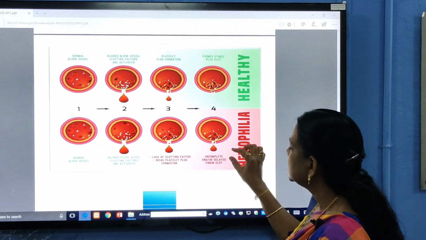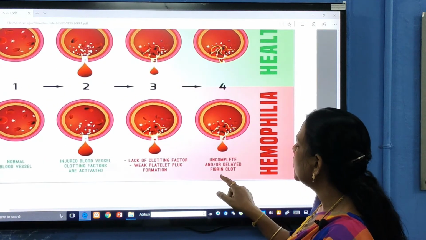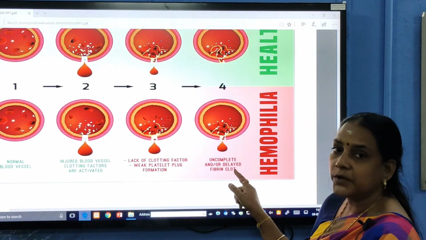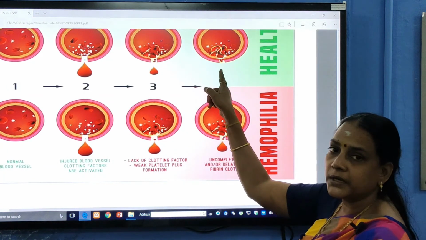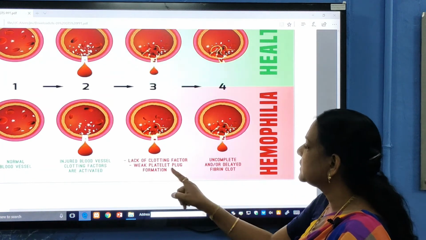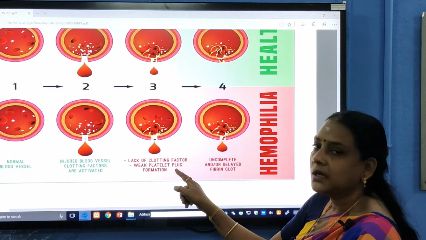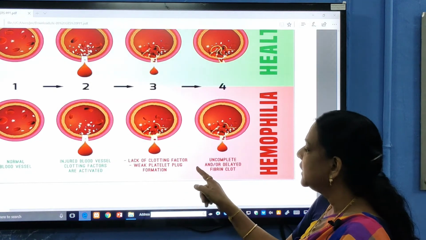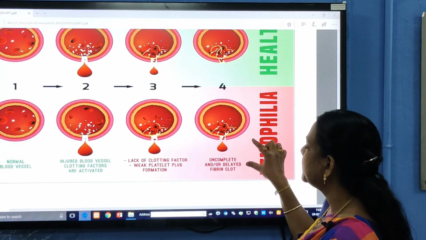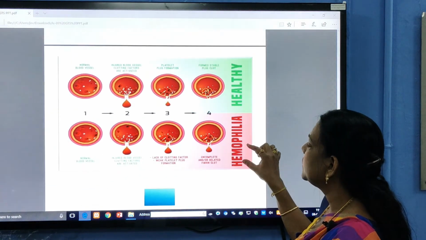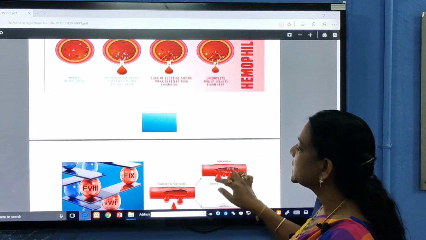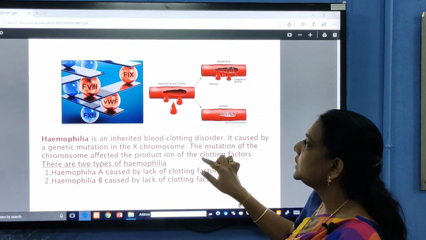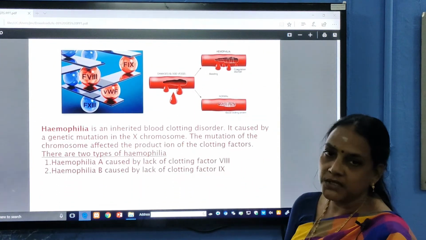Here they are unable to produce a proper fibrin clot, it is delayed. In normal persons, the plug is formed immediately, whereas here the clotting factor is very weak and the platelet plug formation is very much delayed. They are able to get only an incomplete fibrin clot. That is why the bleeding continues. So you call hemophilia the bleeder's disease.